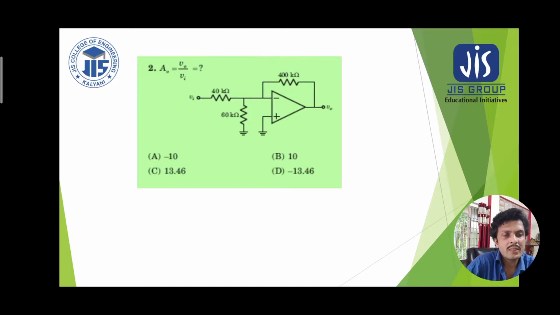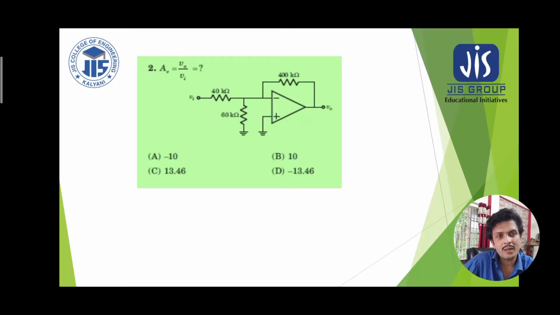So therefore, the inverting terminal voltage is also 0, and as the inverting terminal voltage is 0, the 60 kilo ohm resistance is connected between terminals at which the voltages are 0. So there is no possibility of current flowing through 60 kilo ohm. So we can consider that the 60 kilo ohm is not required to be included in any current equations.